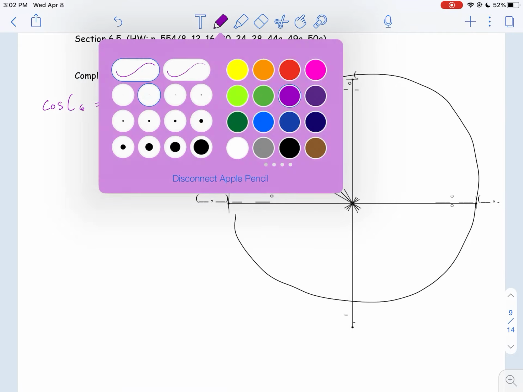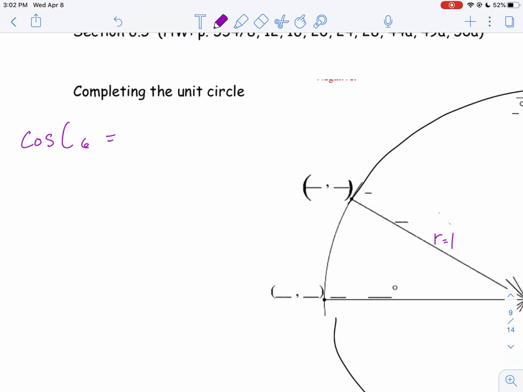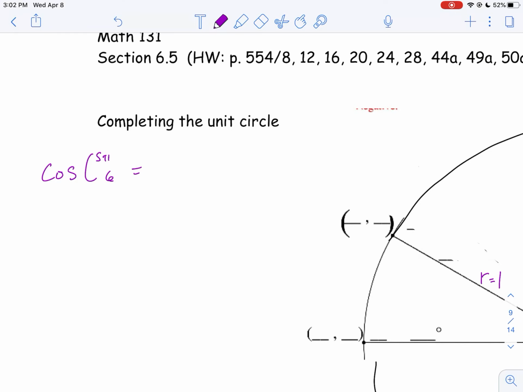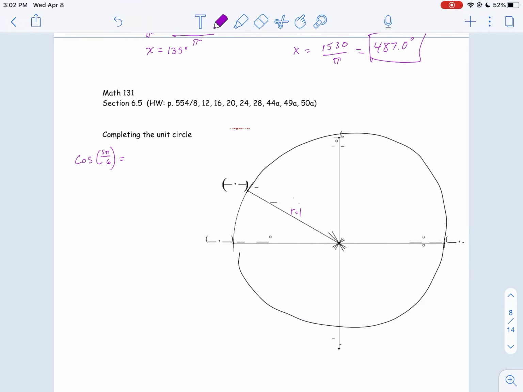And like I said, this is going to be 5 pi over 6, not 7 pi over 6. Okay, so 5 pi over 6 is just under 6 pi over 6, which is pi. And so this angle here is going to be 5 pi over 6. It has a reference angle of 30 degrees.